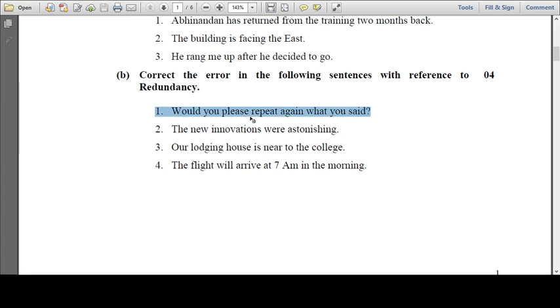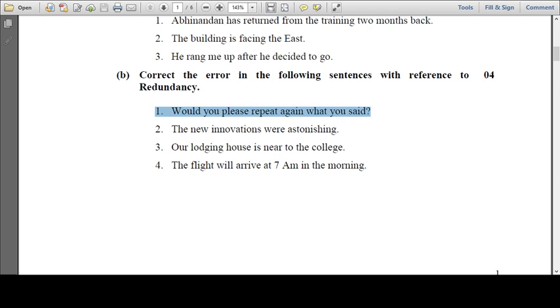You can easily find out here. Would you please repeat again what you said? Which word do we need to remove here? No, this will not be the answer.